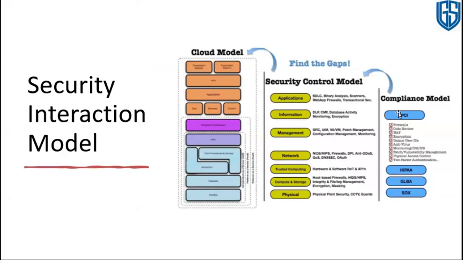There is one body called PCI. PCI DSS is one of the bodies which is securing credit card, debit card, and online transactions. There is a standard set of rules that PCI DSS possesses, and every transaction, every payment gateway, everywhere, they should follow this PCI DSS compliance model.